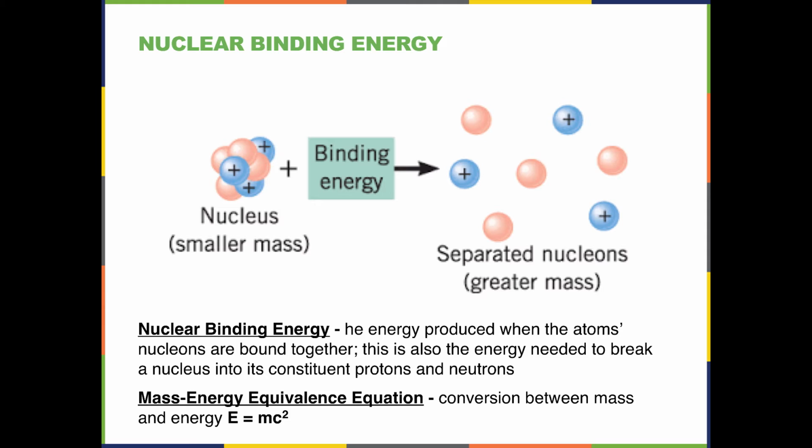And the mass energy equivalence equation is quite famous. It's the one that Einstein put together, the energy is equal to the mass deficit times the speed of light squared.